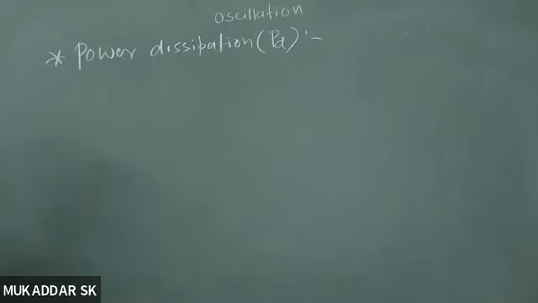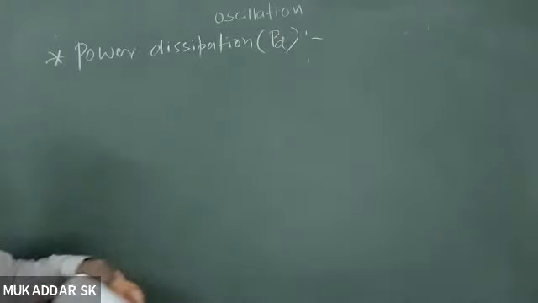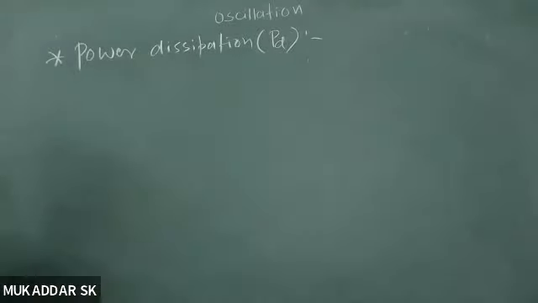So oscillating force will always provide you power absorption because you are giving force from outside. So that will provide you power absorption. And power dissipation is the main cause of damping force.